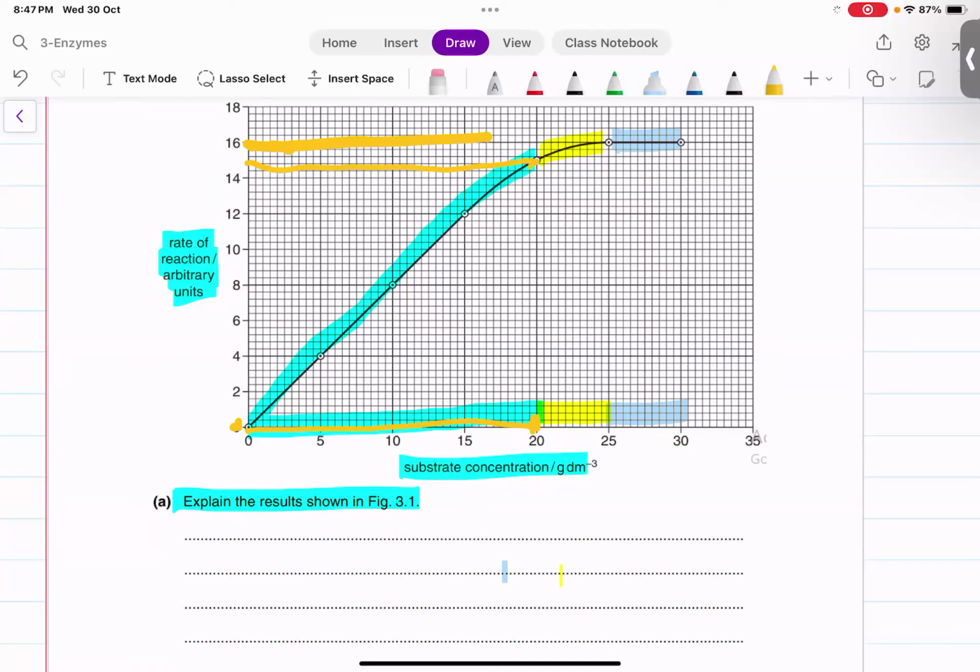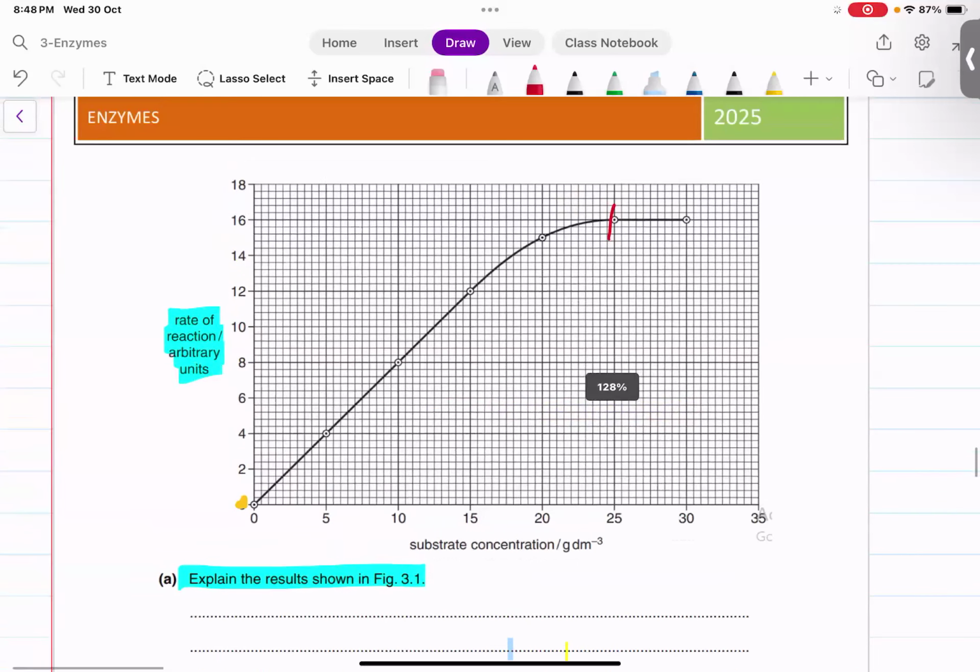This is describing this graph. You have to give a reason why this increase of substrate concentration increases the rate to this point. So to describe, we give the relationship and the numerical references, but to explain, we should give reasons why this enzyme activity is increasing.